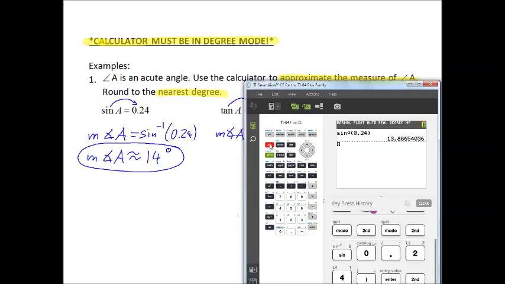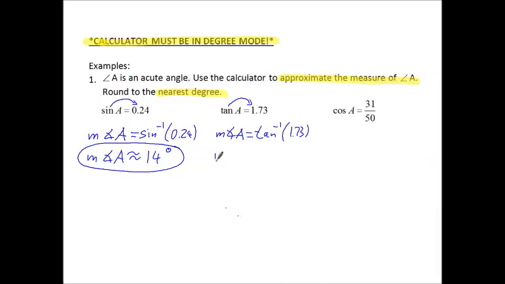Second tangent of 1.73. Close our parentheses, enter, and we get 59.97. So rounded, that will be approximately 60 degrees.